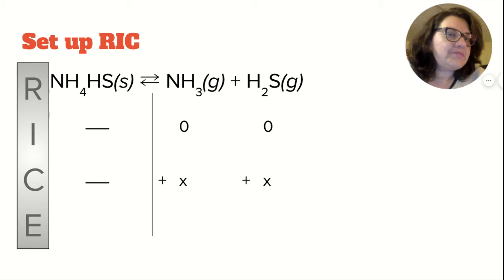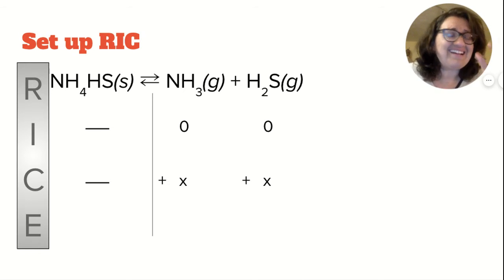Yes, there's going to be a loss of ammonium hydrogen sulfide. So I could write minus X, but think about what X represents. X represents a pressure, a partial pressure. So it really only makes sense if I'm dealing with a gas. NH4HS is a solid. It doesn't really have a pressure.